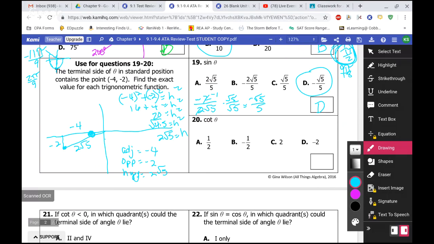And then cotangent. Hold on just one second, please.